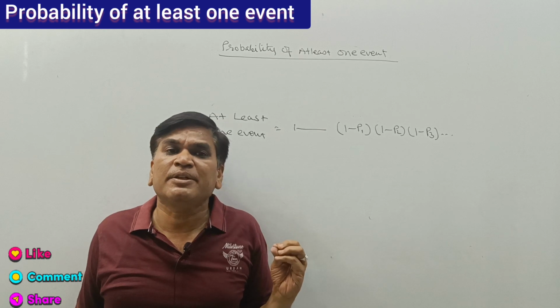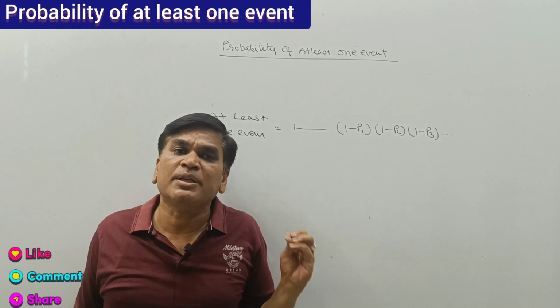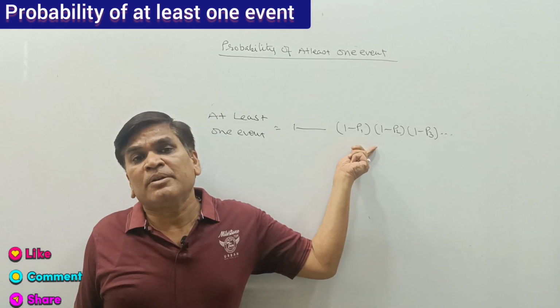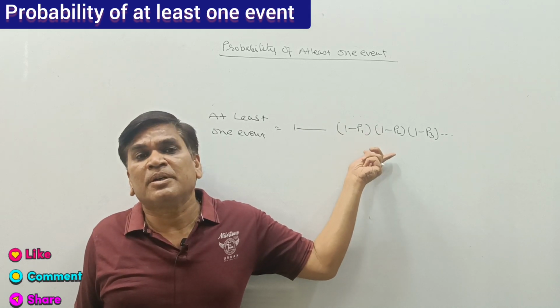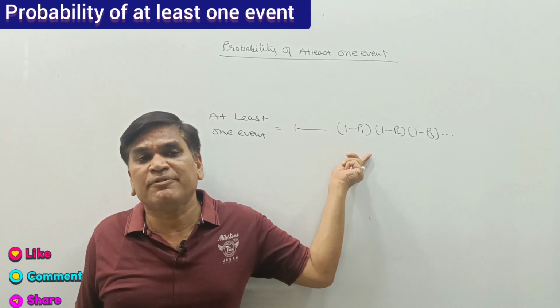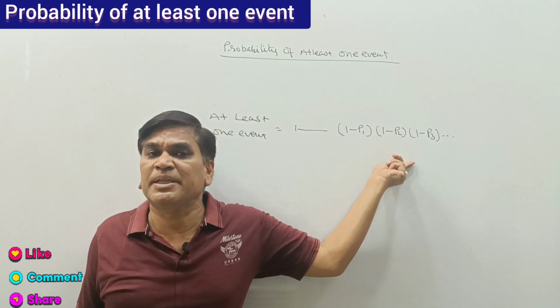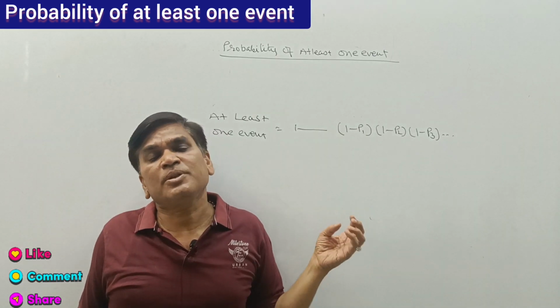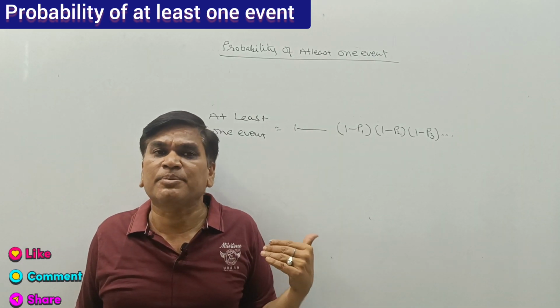That is, probability of at least one event is equal to 1 minus the multiplication of the probabilities of not happening the first event, not happening the second event, not happening the third event, etc. So it's very easy to calculate.